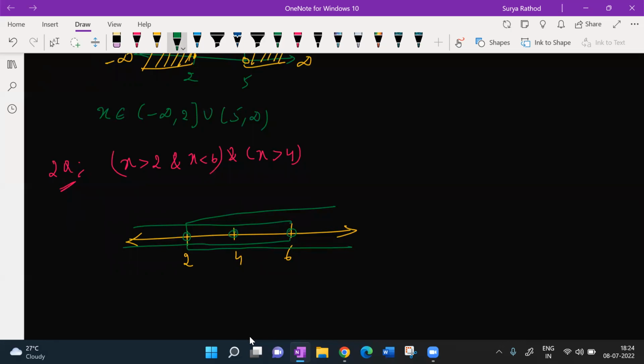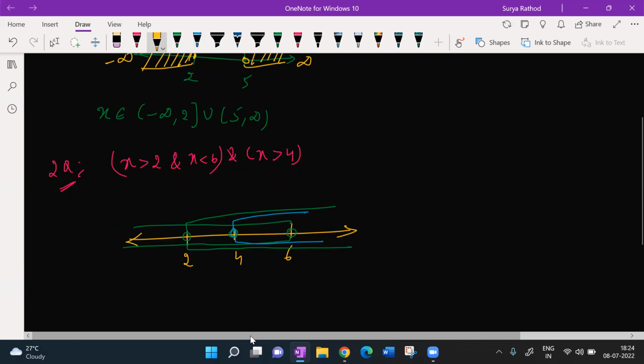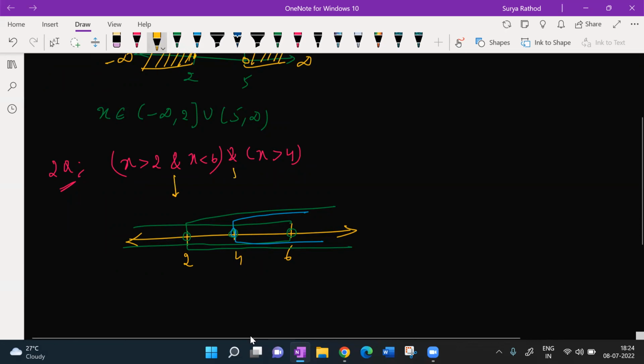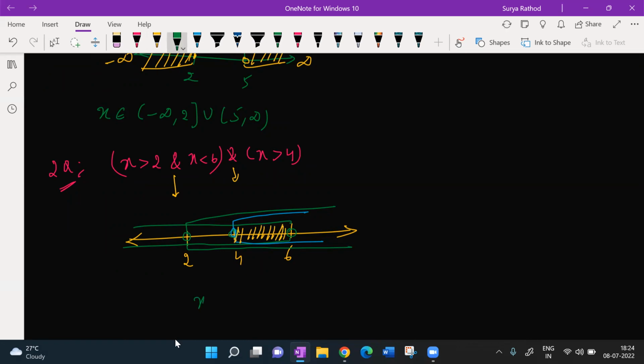Now we need to find the intersection, the common part. What is the common region we have here? See here, 4 to 6. 4 to 6 is a common region for everyone. So x belongs to 4 to 6, with open brackets because we are not including 4 and 6. Is it clear or not? Tell me.